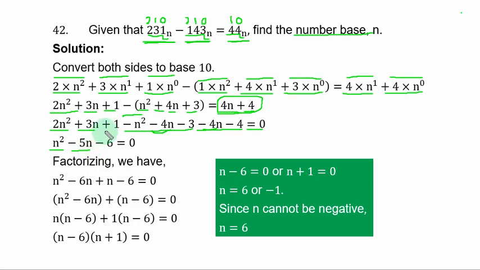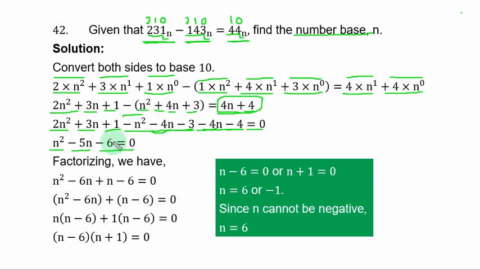The constants, plus 1 minus 3 is minus 2, minus 4, you have minus 6 equal to 0. So the result is a quadratic equation which we need to factorize.